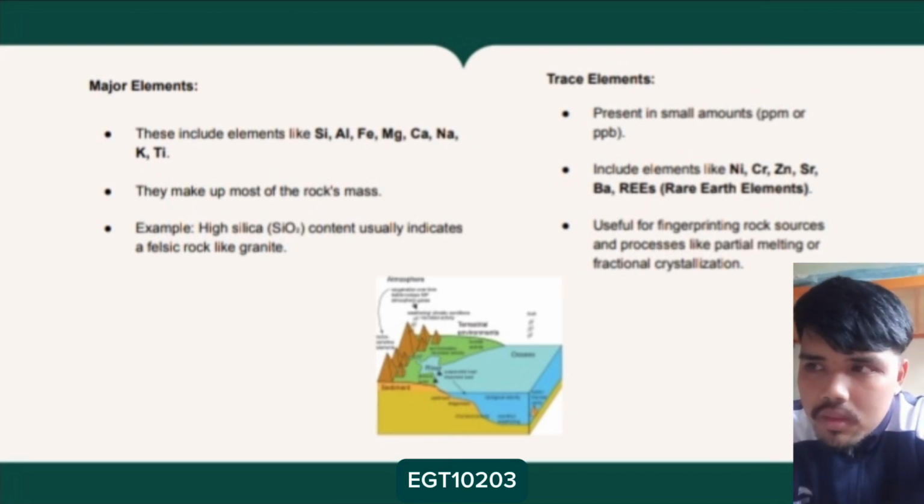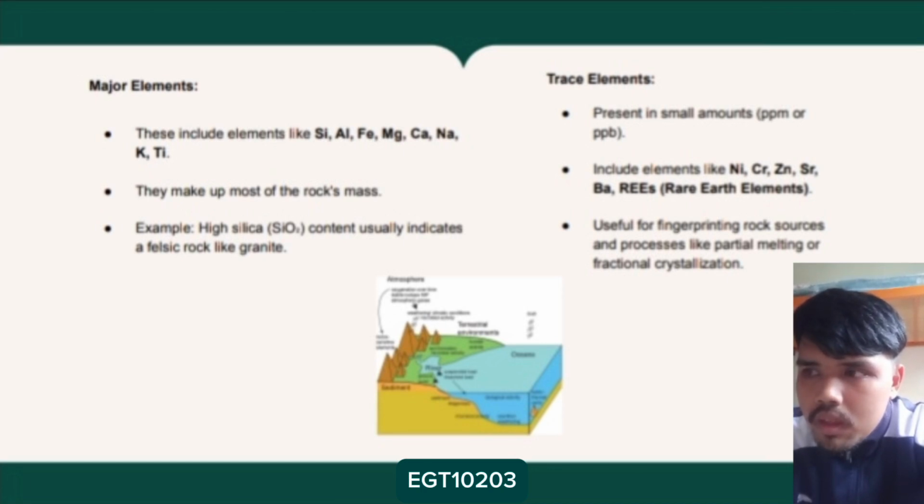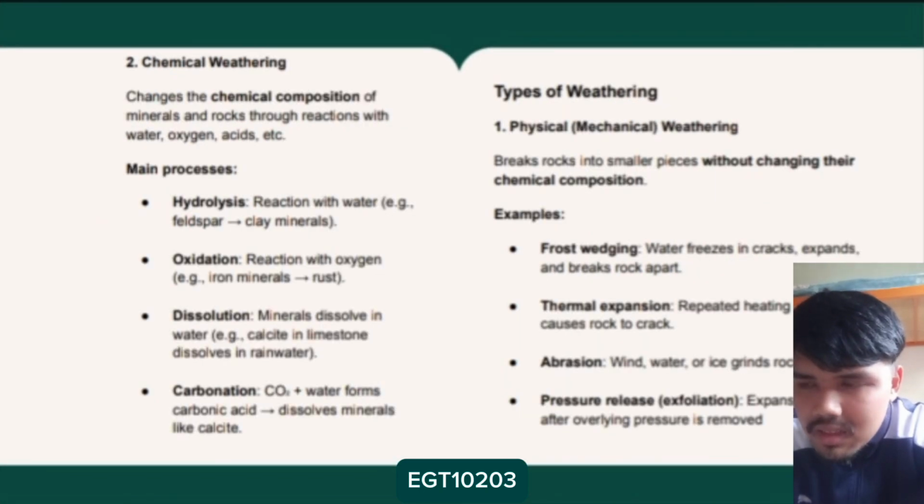The trace elements are present in small amounts, in ppm or ppb. This includes elements like zinc and nitrogen. They are useful for fingerprinting rock sources and processes like partial melting or fractional crystallization.